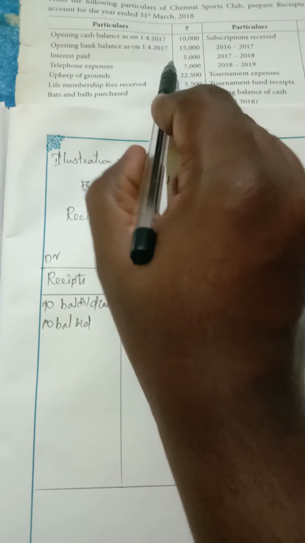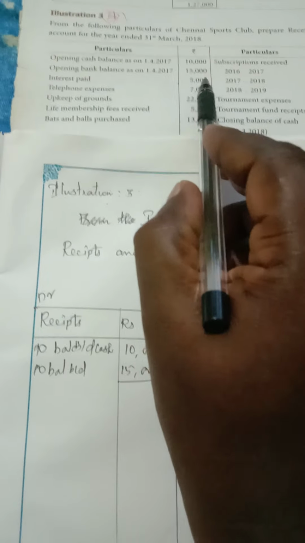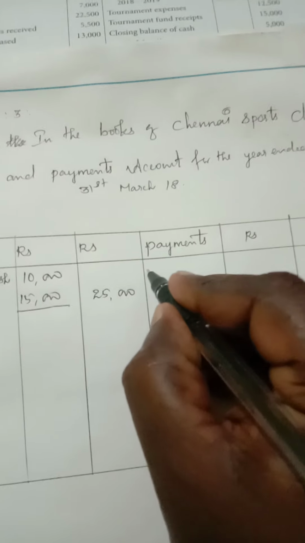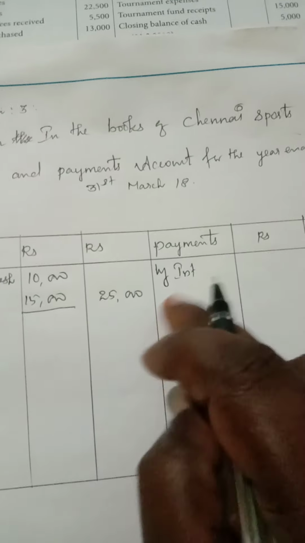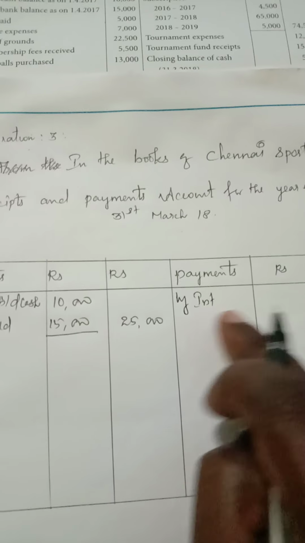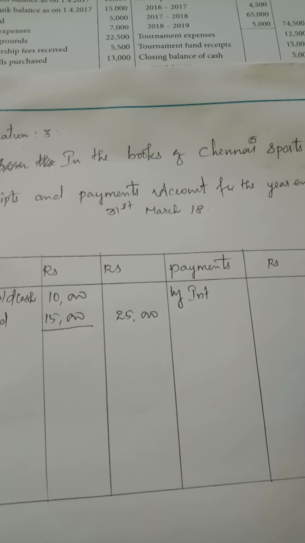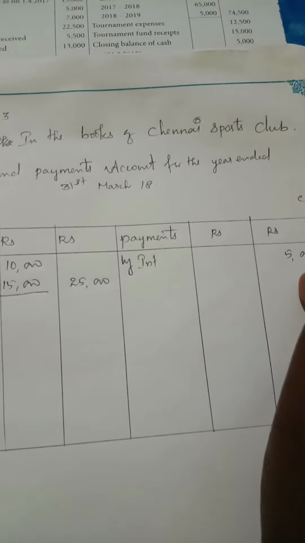And see the next one, interest paid. How much rupees is given? 5,000. It is an expense, so we write it on the credit side. By interest paid rupees 5,000, directly we write in the outside column.